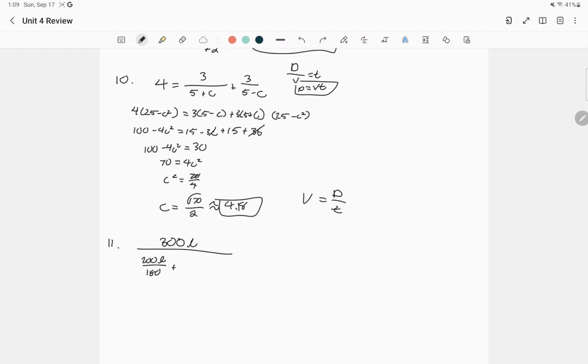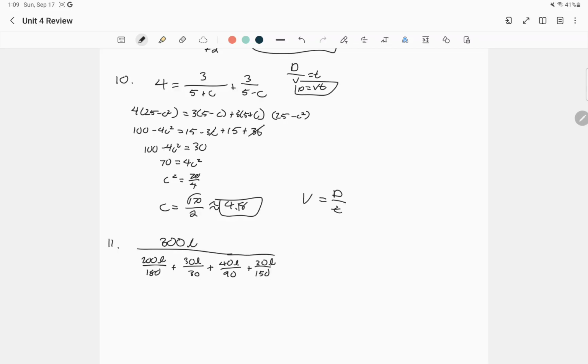So distance divided by speed is time. So time is always going to be on the bottom, which works out nicely. Then she does 30 laps at 30 miles per hour plus 40 laps at 90. And then she does another 30 at 150.